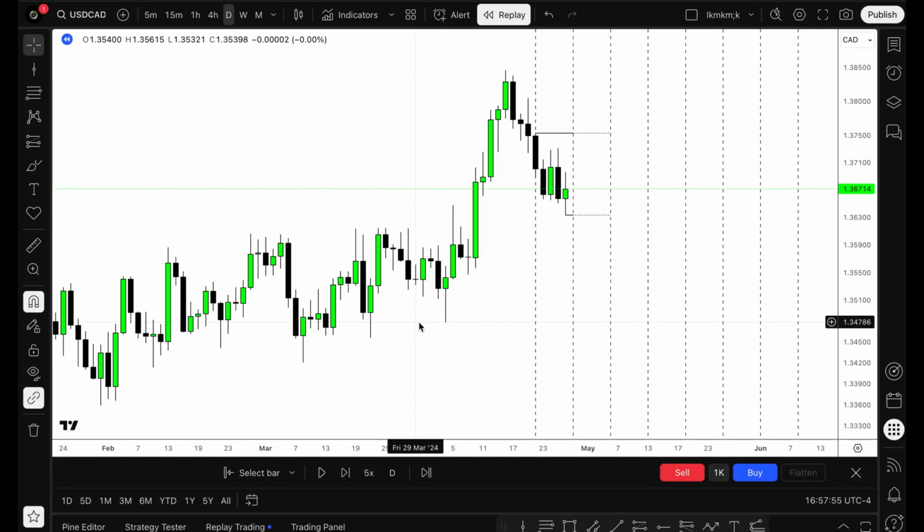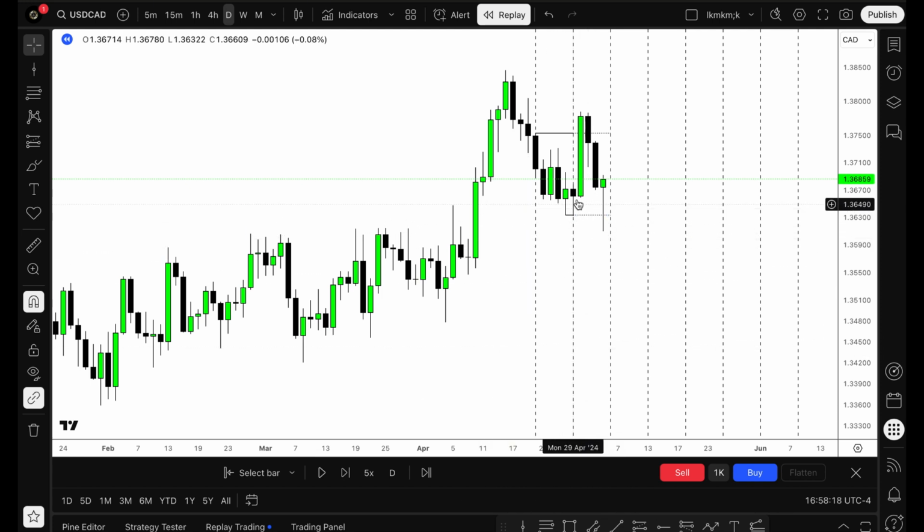Now moving on to some charting examples on the previous week's highs and lows. We have a weekly range here, and I've marked out the previous week's high and the previous week's low, and we're going to see what the next week does. So we're going to print these candles out till Friday.